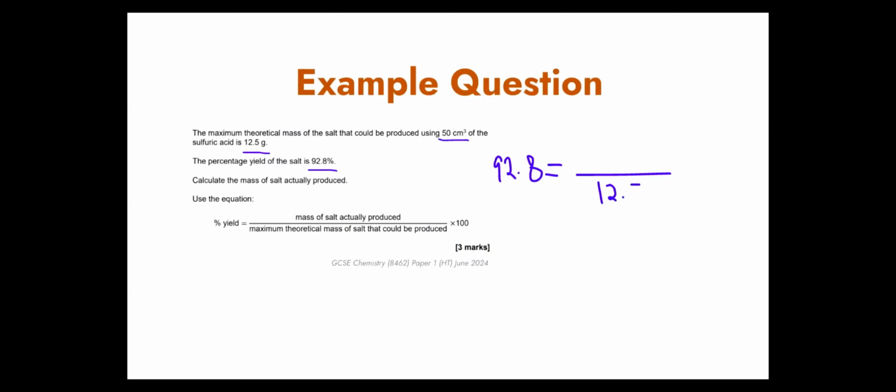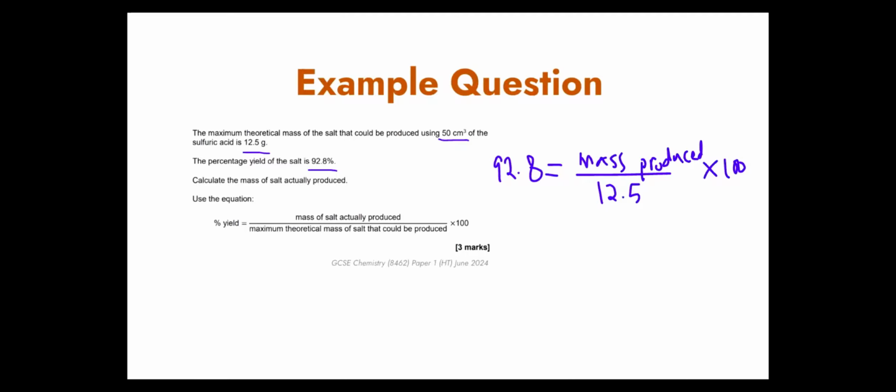And we do not know the actual mass of the product, which is also something that we would need to find out. And then we can just write mass produced, because this is something that we do not know, and times it by 100. And you need to just rearrange the equation so that mass produced is the subject of the equation.